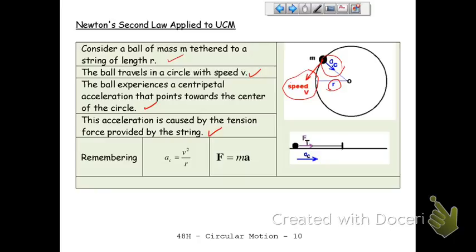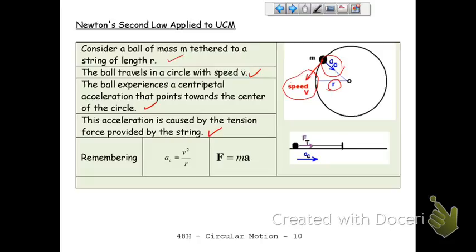And so we start looking at the system and we say, well, in this case there's a tension in a string. Or for the moon and the earth there's a gravitational pull. Or for an electron and a nucleus there's an electrostatic pull. Or for a car going round a track there's a frictional force, points towards the middle.